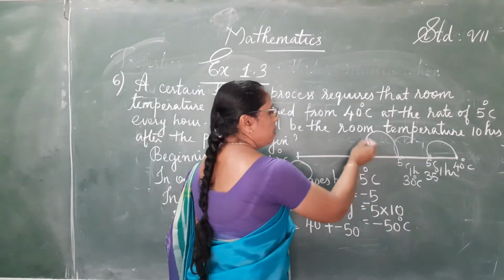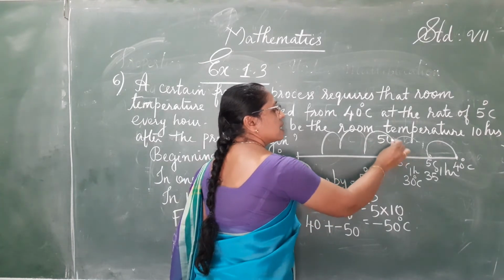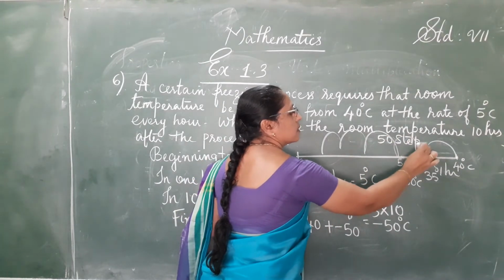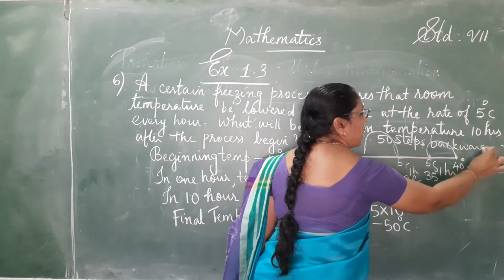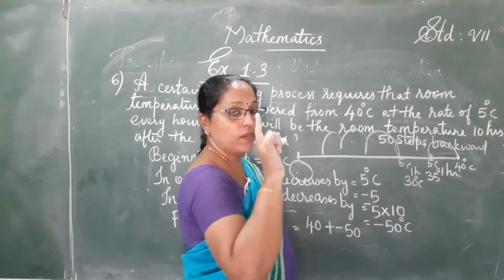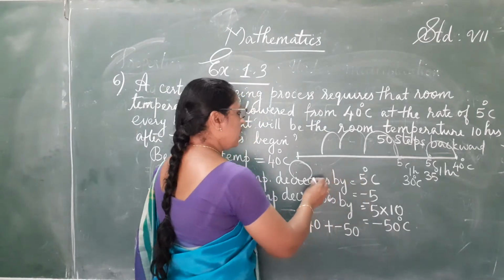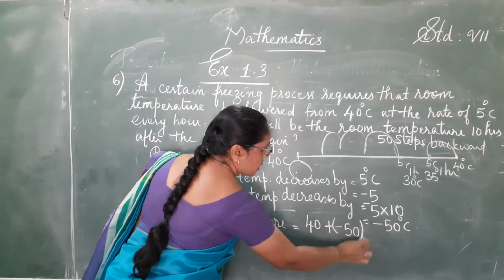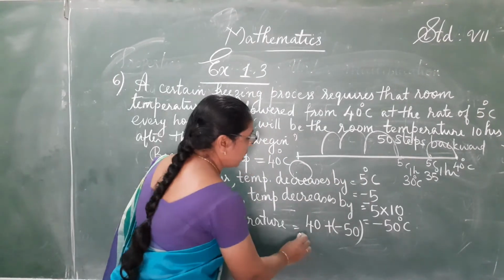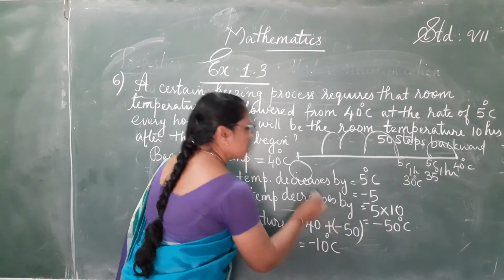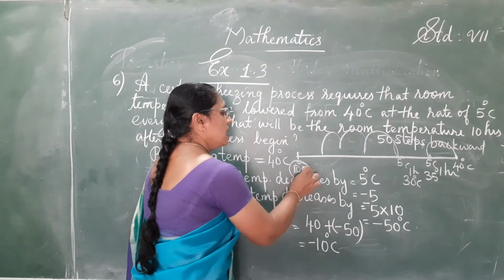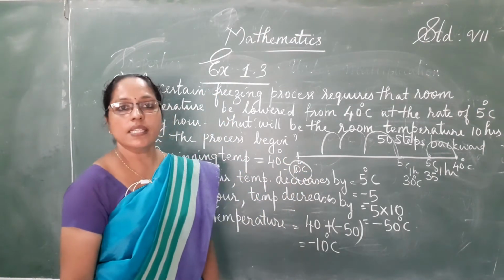How many steps backward? 50 steps backward, by every hour moving 5 degrees Celsius. So we get 40 plus negative 50, and we come to negative 10 degrees Celsius. So the final temperature is negative 10 degrees Celsius.